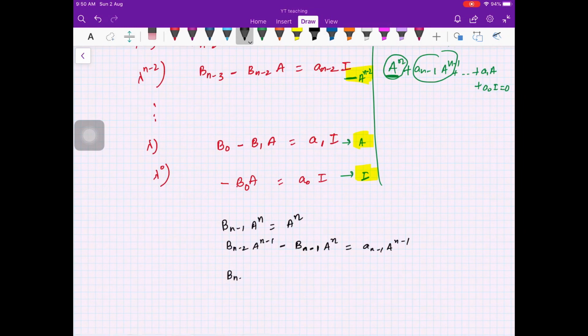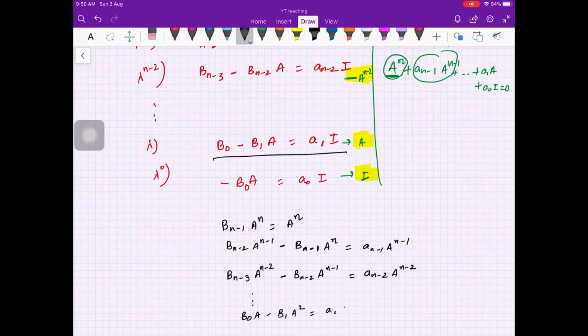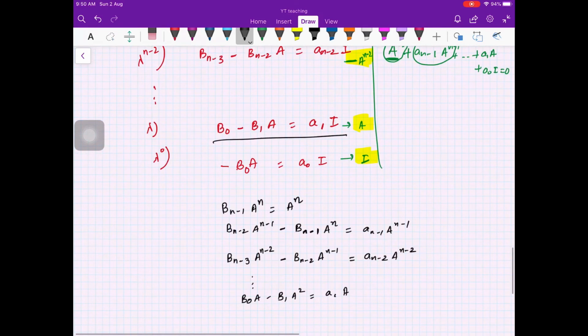Third term will be B_{n-3} A^{n-2} minus B_{n-2} A^{n-1} is equal to a_{n-2} A^{n-2}, and so on. This term will give you B_0 A minus B_1 A squared is equal to a1 A, and the last will give you minus B_0 A is equal to a_0 I.